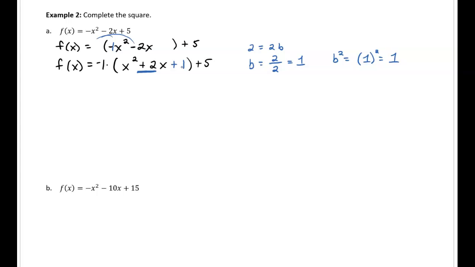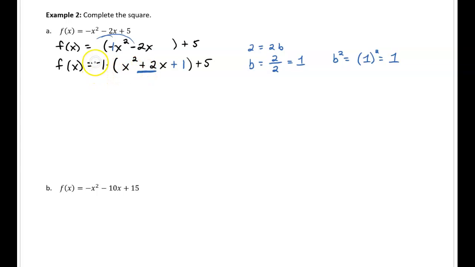Usually, after we add on the inside, we would have to subtract on the outside. We want to make up for the change in the function that we did by adding that 1. But here's another thing to consider. When I say I add 1, that's inside my parentheses, but what's in front of the parentheses is a negative.